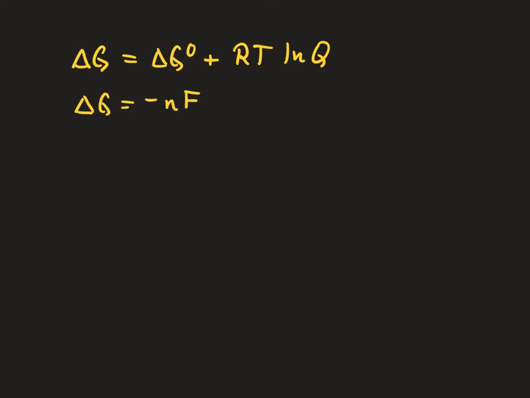All right, so if we look at our other major equation, our more complex equation, delta G is equal to delta G0 plus RT times the natural log of Q. And so right here we go, if we know that delta G is equal to minus nFE, and delta G0 is equal to minus nFE0, we can substitute those in.